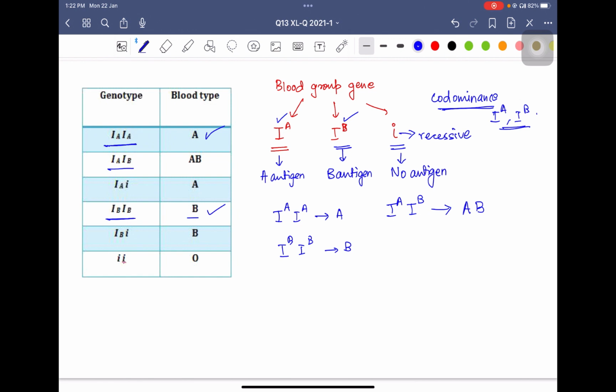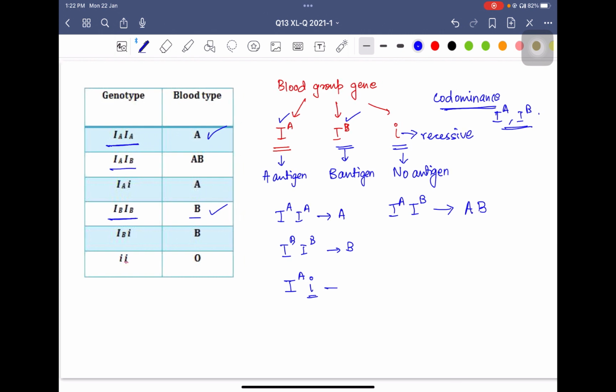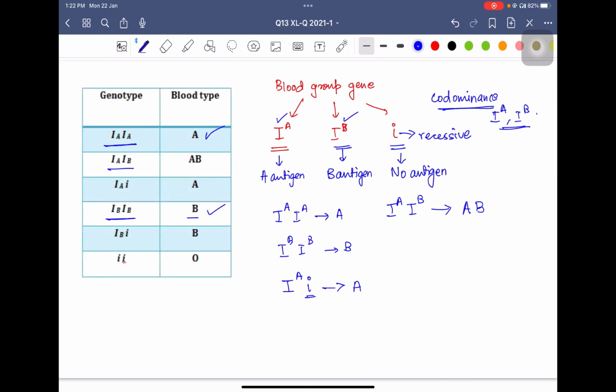Now coming to the effect of the recessive allele. When the two alleles are IA and small i, this small i is recessive. So all the RBCs will have A antigen on their surface because IA is dominant over small i, and the blood group will be A. Similarly, in case of IB and small i, IB will be dominant.